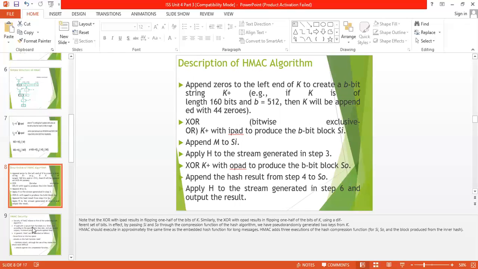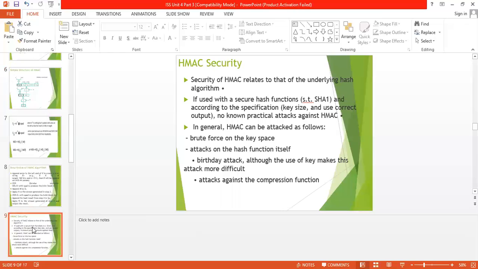After this we discuss some security of MAC. Basically, HMAC security relates to the underlying hash algorithm. If used with a secure hash function, according to the specification, there are no known practical attacks against HMAC.